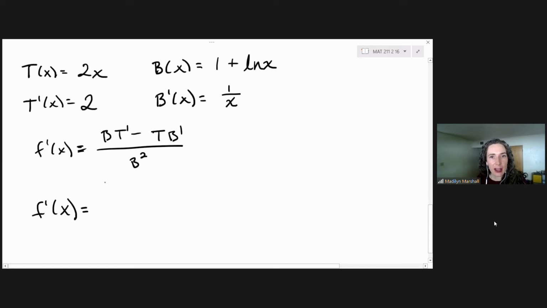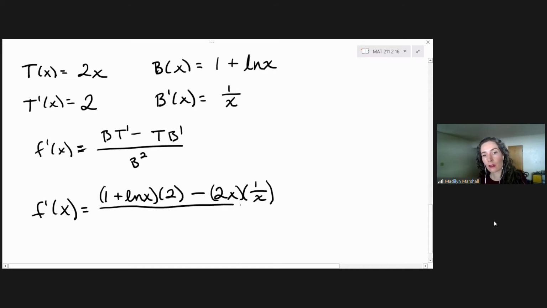So we have our bottom, 1 plus ln x, times T prime, times 2, minus the top, 2x, times B prime, 1 over x, all over B squared.